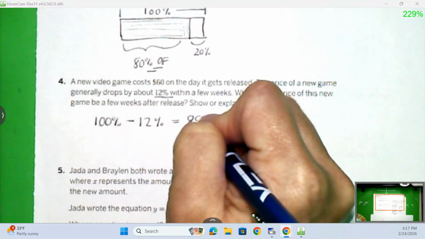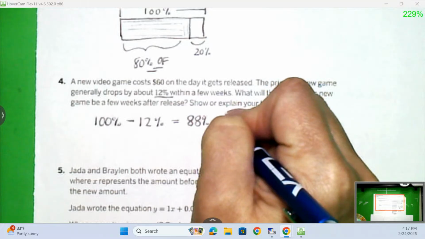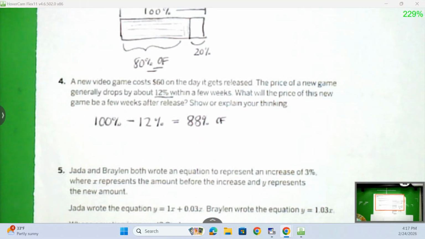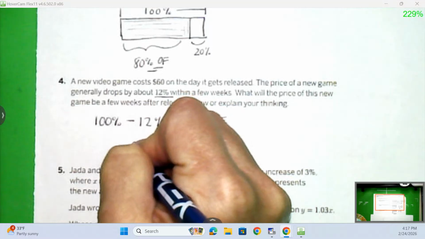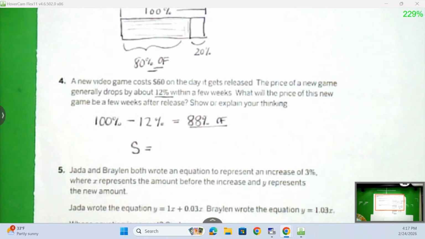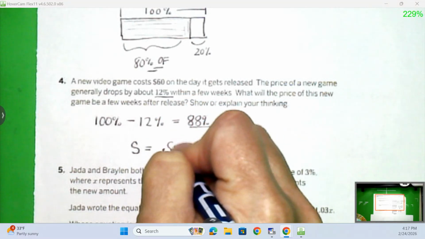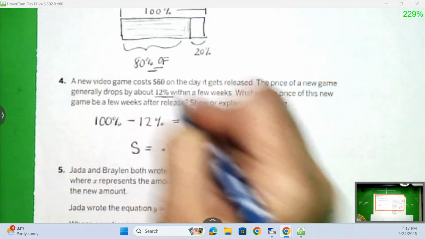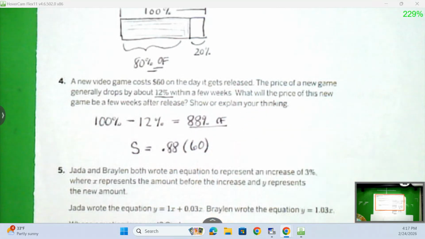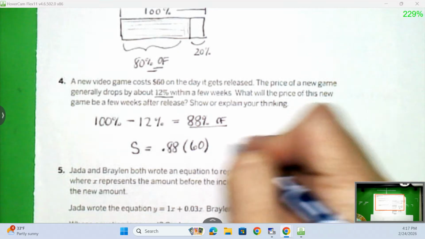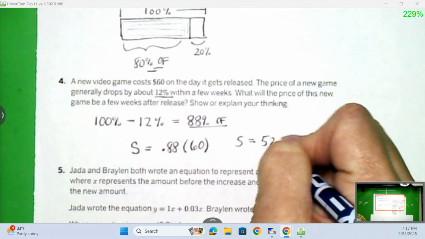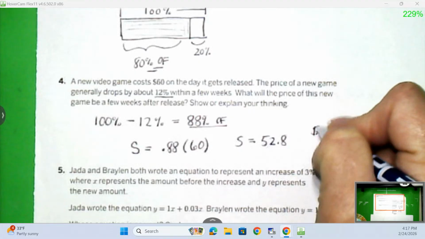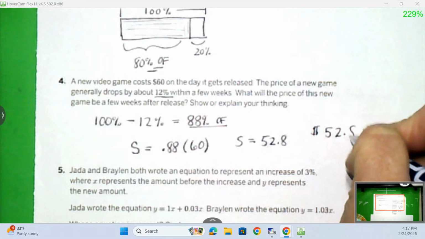I'm looking at 88% of the original price. So if I wanted to know the new sale price, I would have 88%, 0.88 of the original amount, $60 to solve. So if I multiply that, I get S is equal to 52.8. And of course, that means that the new price is $52.80.